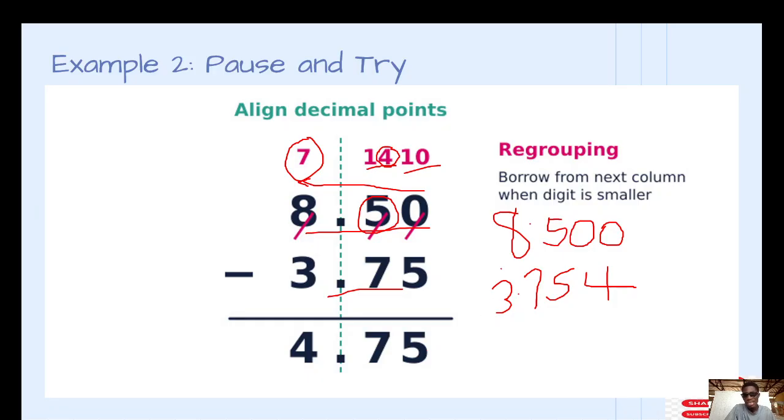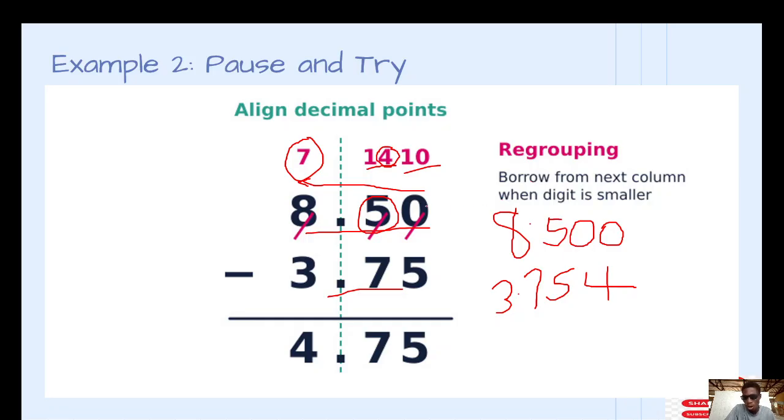Take note, in regrouping, borrow from the next column when the digit is smaller. When it comes to subtraction, you do what? You borrow. When you are to borrow, you borrow from what?